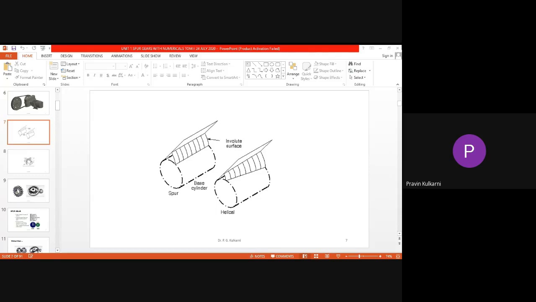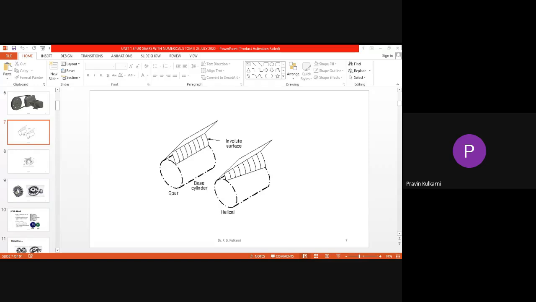This is unit number 1 on spur gears. So basically, the slide shows you the generation of involute curve. I will just highlight the key aspects of each thing, like involute, because we don't have much time for discussion of entire thing. So I will be using minimum words conveying maximum message so that you can appear for MCQs in your exam.